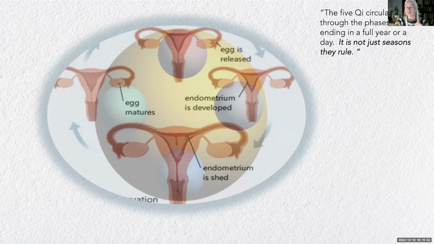So just reminding that in chapter 66, it said the 5 chi circulate through the phases, each ending in a full year or a day. Saying it's not just the seasons that they rule, it's all these cycles.